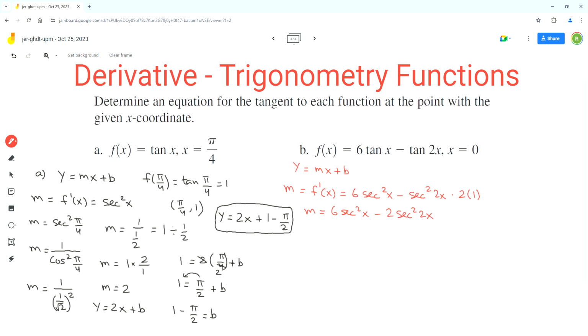Now we can find the value of the slope by subbing in x as 0. We know that secant is the reciprocal ratio for cos. So in the next step, we can move the secant terms to the denominator to change them to cos, because then it will be easy to evaluate the terms.